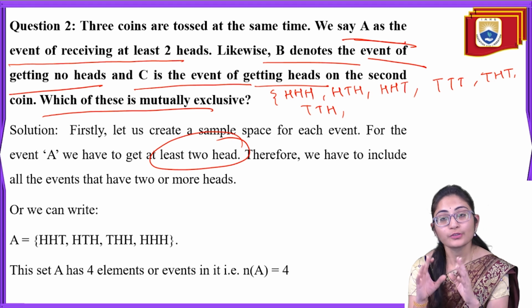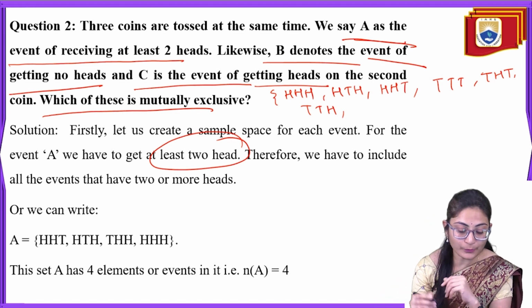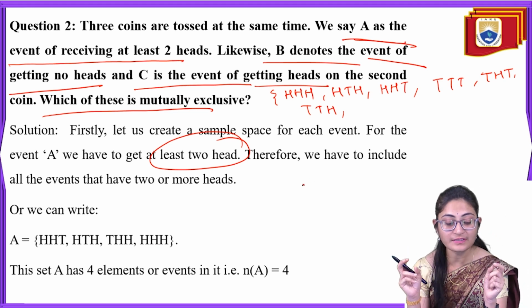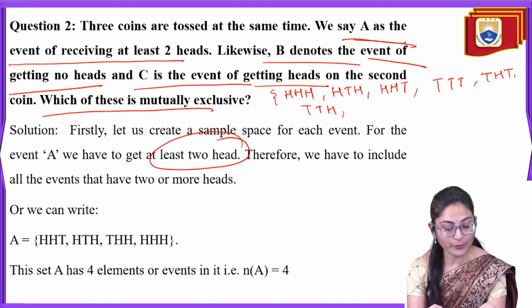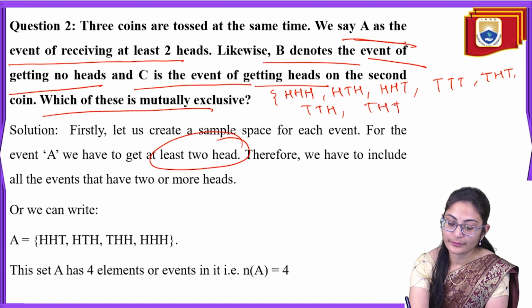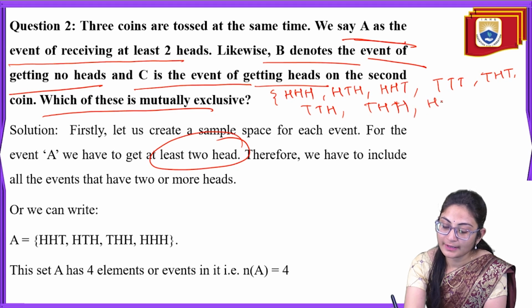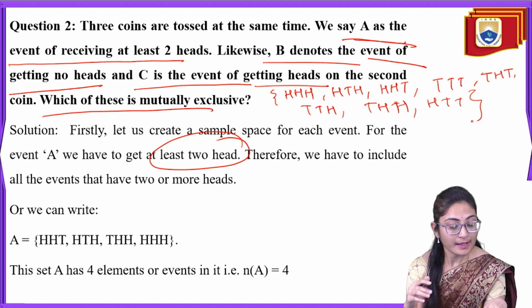So here you are getting the sample space, and after that you have to find the events for A. These are your sample space.